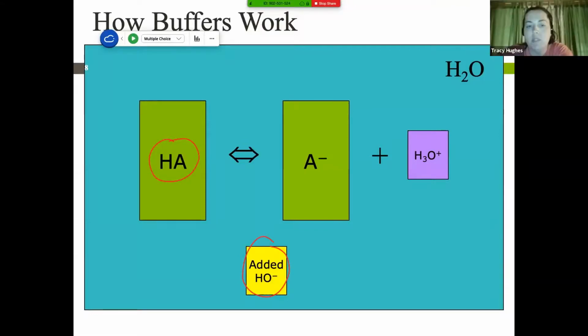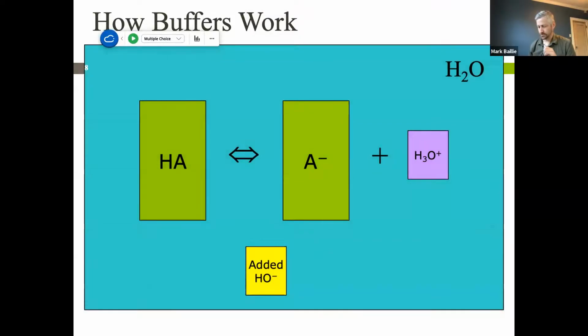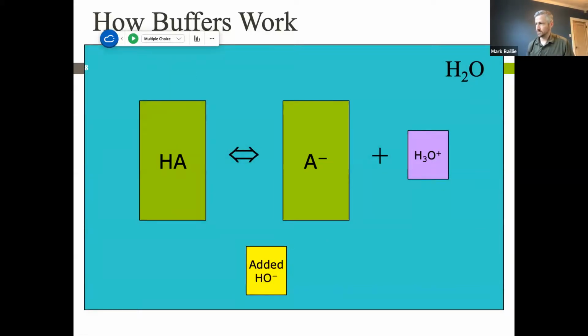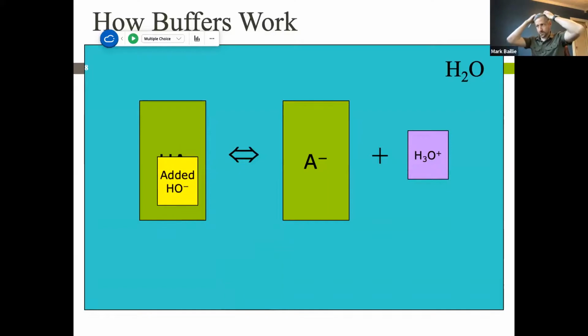The OH minus. So we have less of the OH minus, and it's a 1-to-1 stoichiometry because each OH minus reacts with one H plus that's pulled off of a weak acid. So my little cheesy animation here shows the OH minus reacting with the HA.